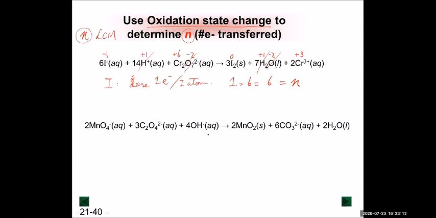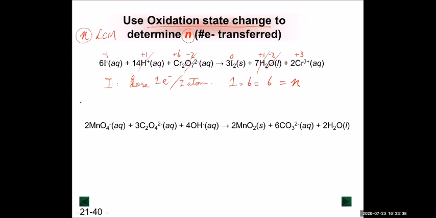So it's pretty straightforward to find out the number of electrons transferred if you can work out fairly quickly the oxidation states for each element and watch how each element changes. An oxidation number increase means loss of electrons. If the oxidation number decreases, it means gain of electrons. So we look at the iodine, and we find out the number of electrons.